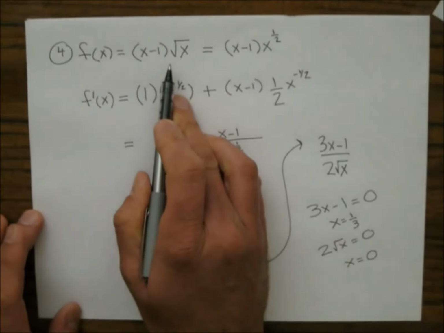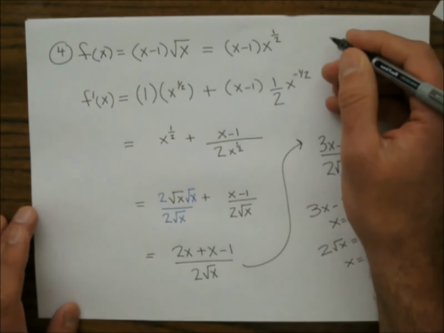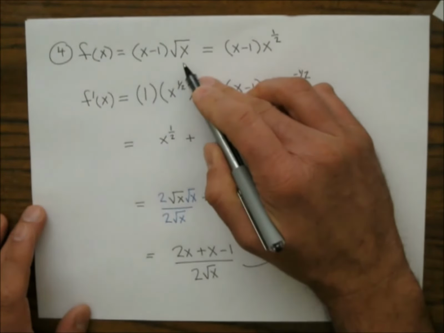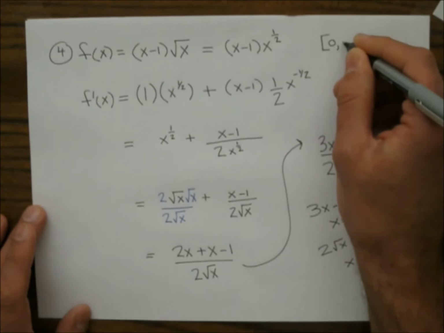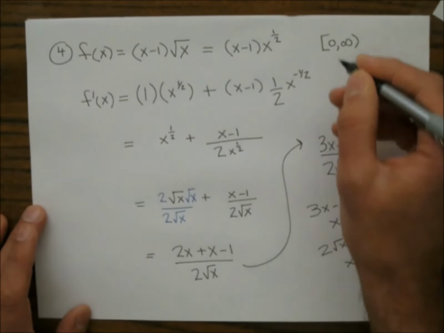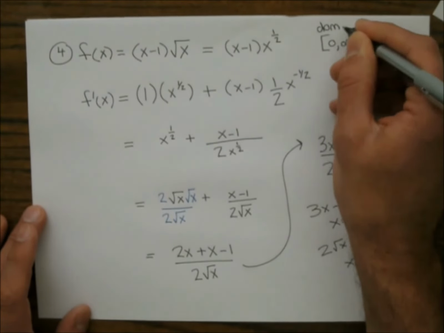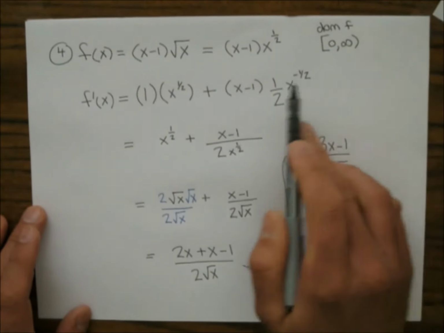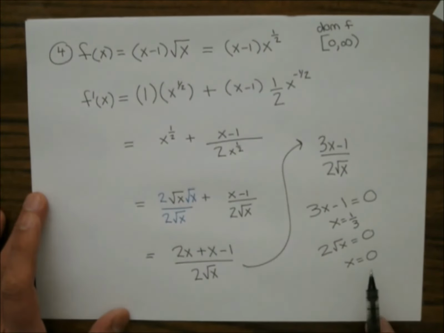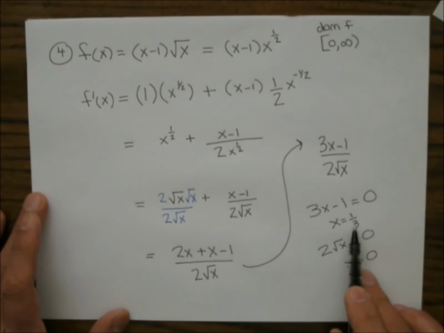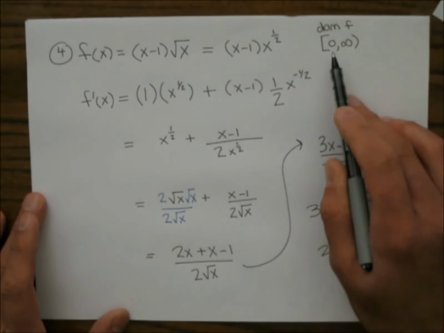The domain for this happens to be all real numbers greater than 0. This is the domain of f. It's because of that square root. So as much as I want to put 0 and 1/3 for my answers, critical numbers, if you look back at the definition, critical points are interior points, and this guy is on the frontier.